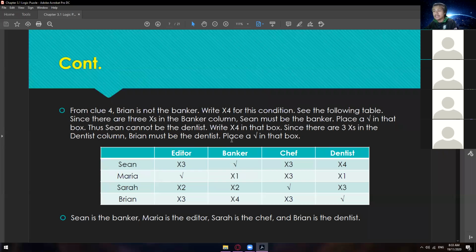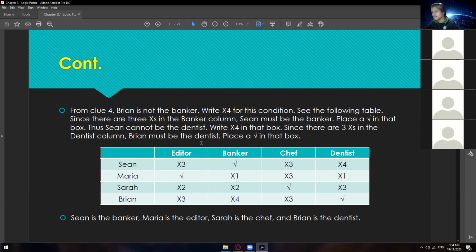So, a good thing in this topic is all you need to use is your own mind. So, you don't need a formula. You don't need anything actually. So, pwedeng yung utak mo lang, pencil, and then papel. And that's it. So, as long as you have your own ways to figure out which is which, then okay na yun.